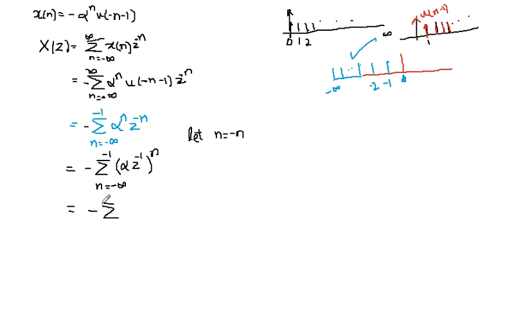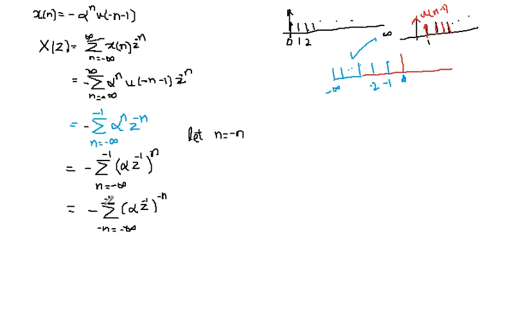Now let's look at the summation. Here positive n is there, it becomes negative. So let's write this one as minus n now. When minus n is equal to minus infinity, we are just making n as minus n, and the upper limit as minus 1, but we know that it is for minus n, and alpha into z raised to minus 1 raised to minus n it would be.